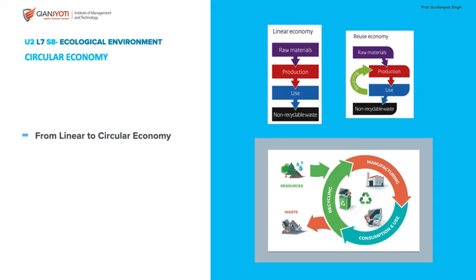This is why we talk of a circular economy, where the ownership lies with the company and the company has to do everything, as you can see in this diagram. So inside it will remain with the company throughout. That is what a circular economy is.